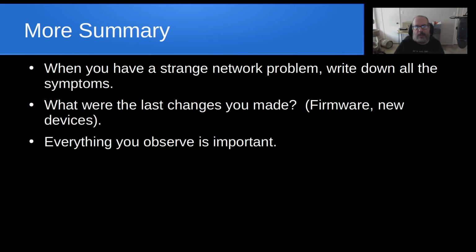Everything you observe is important. So make sure that you've got all your wits about you. Don't be half asleep. And the person that I'm addressing here certainly understands what I'm saying. Don't be half asleep when you attempt to achieve this, because you really need all your wits about you in order to figure out what might be wrong with your network.